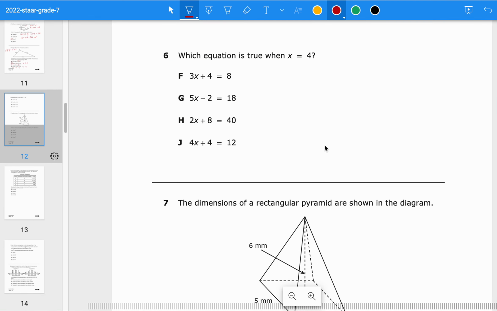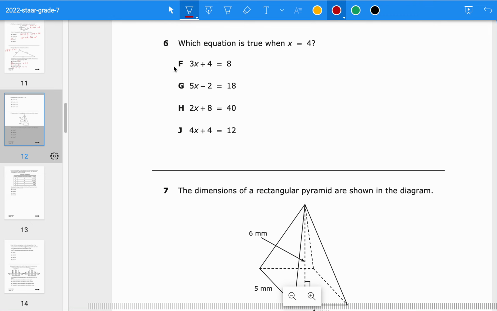Question number 6. Which equation is true when x is 4? We just need to plug 4 into each equation. The first one, F: we got 3 times 4 plus 4, which is 12 plus 4. That is 16. It is not 8. F is out. G: 5 times 4 minus 2, which is 20 minus 2.